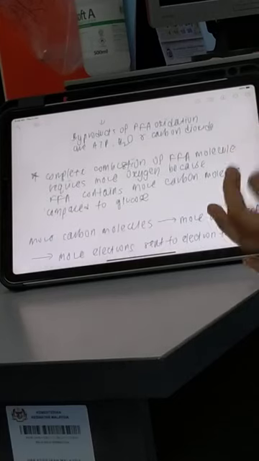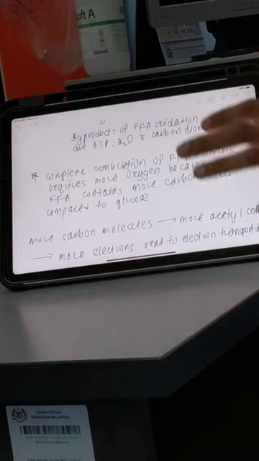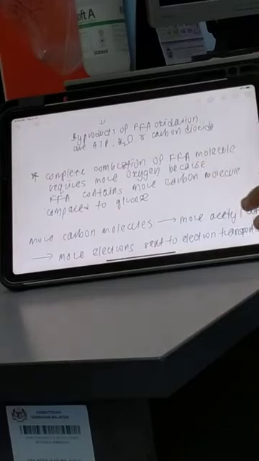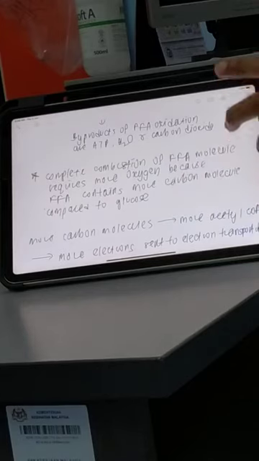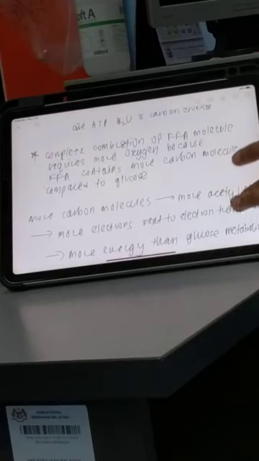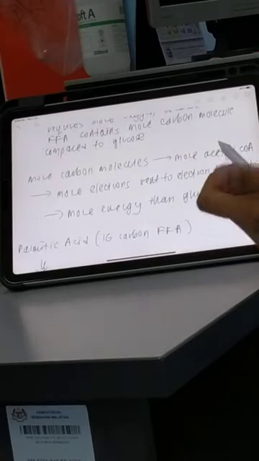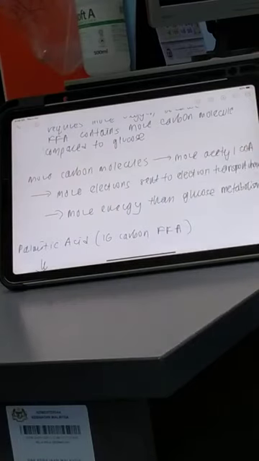So complete combustion of this free fatty acid molecule requires more oxygen because free fatty acid contains more carbon compared to glucose. So free fatty acid has more carbon compared to carbohydrate, that's why. So more carbon molecules, more acetyl-CoA, more electrons sent to the electron transport chain, so more energy than glucose metabolism.